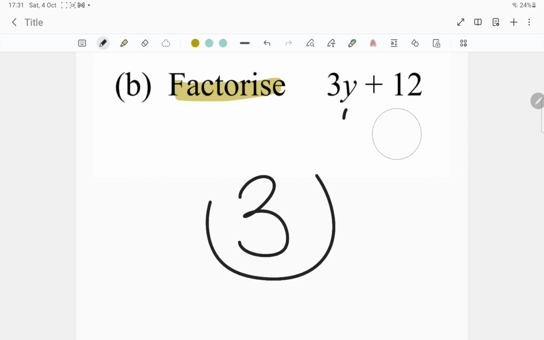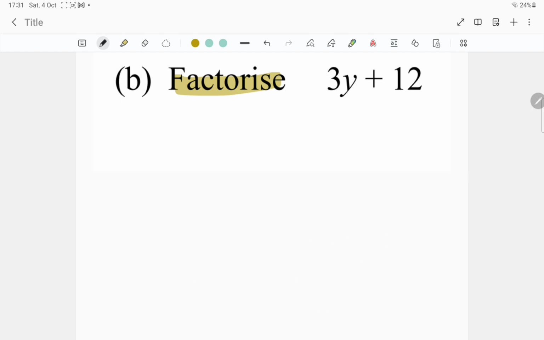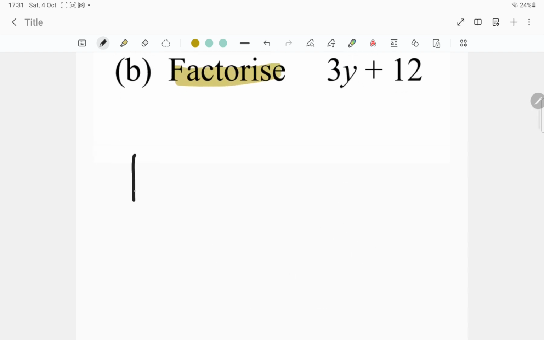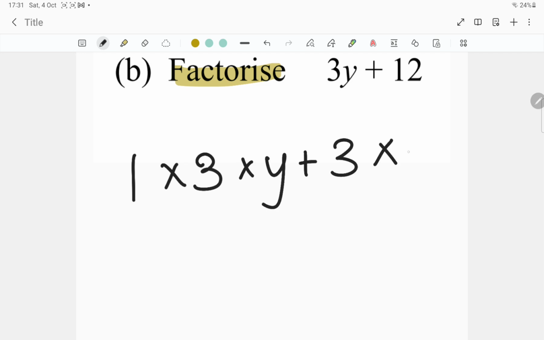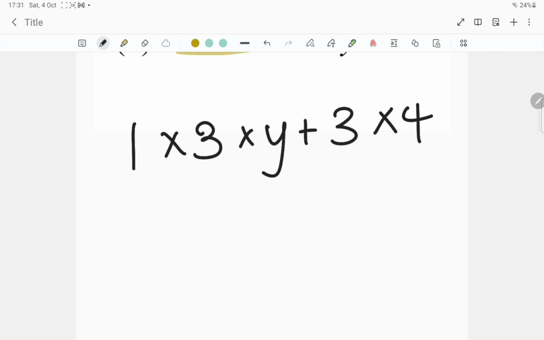So the answer for that is 3. Now you can do 3 times y, add 3 times 4, which gives us 12. Obviously we don't need the 1 because y is the same as 1y, so we don't have to do that.